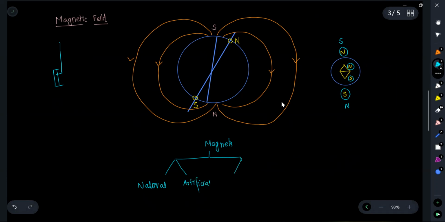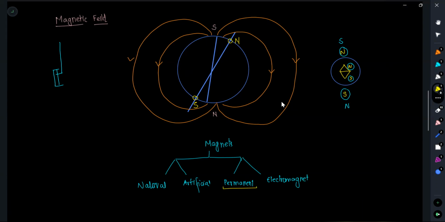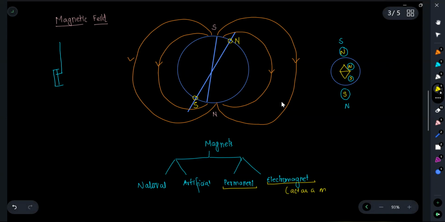And then another division says that it can be permanent or it can be electromagnet. Now, a permanent magnet always shows magnetic properties. It will always act like a magnet. An electromagnet will only act as a magnet when current is passed.